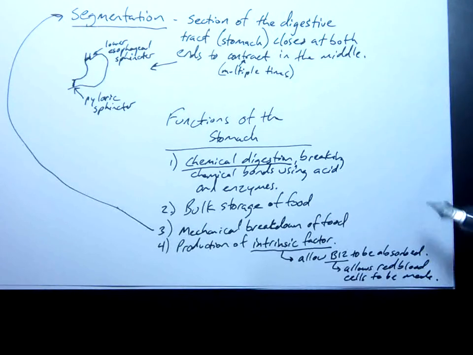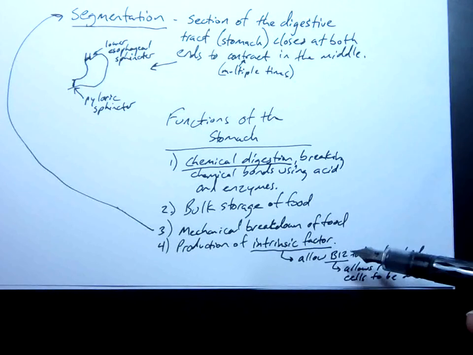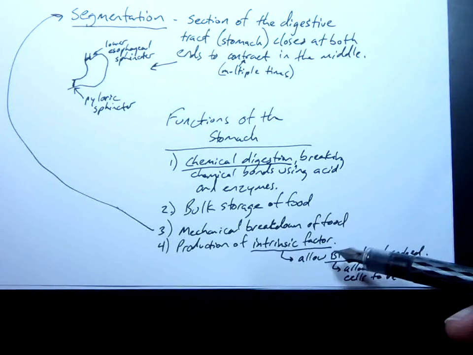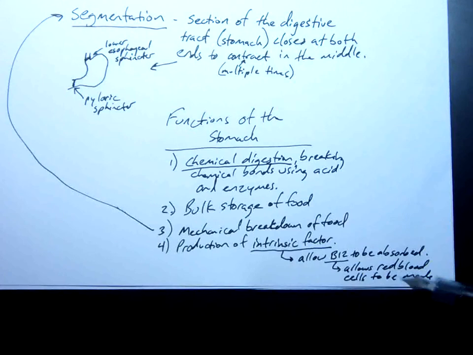Now, people that have that have to get B12 injections, and they're fine, but just to eat it won't help you, because if you don't make intrinsic factor, you can't absorb B12 and therefore won't be able to make those red blood cells.